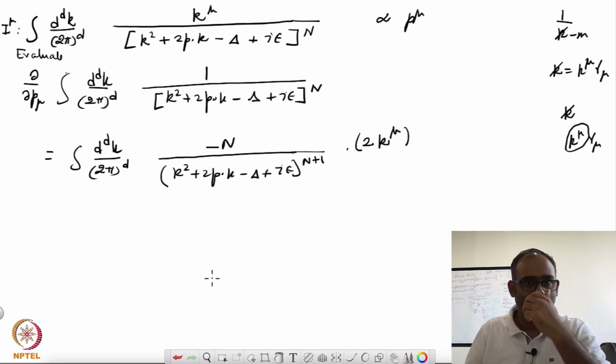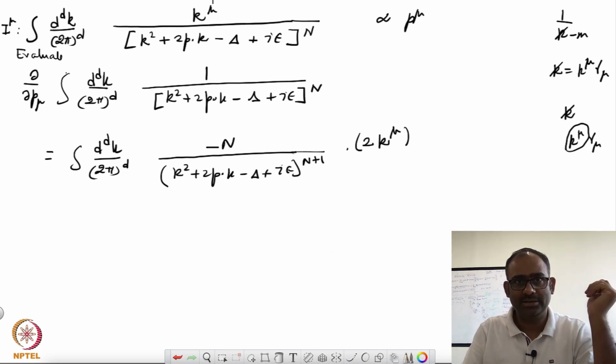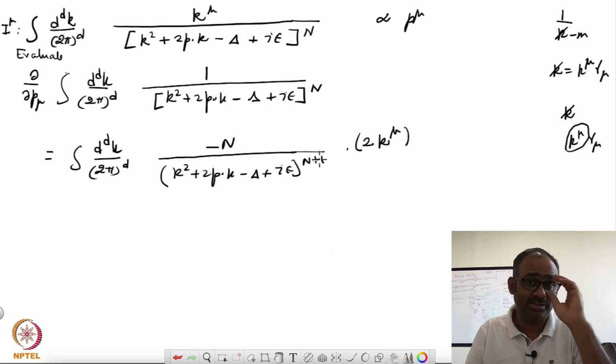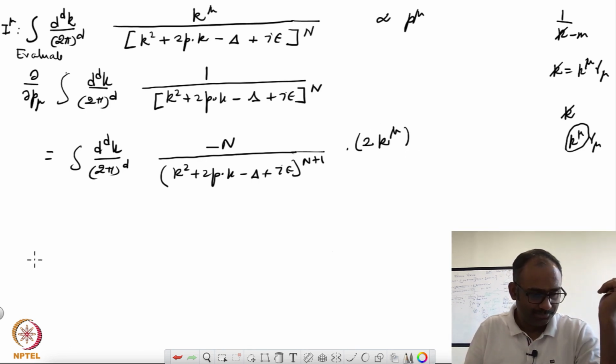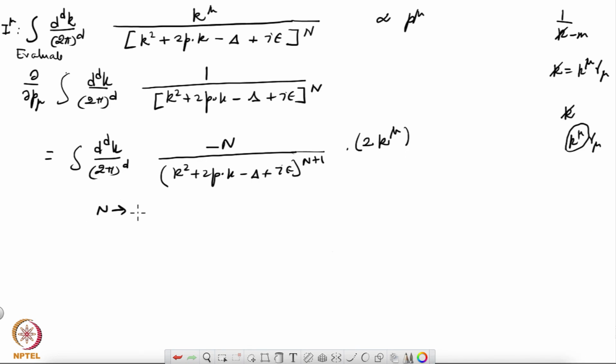Now, because I want to evaluate this integral with n, and what I have gotten is almost the same integral other than some constants, but with the power n plus 1, I will just change n to n minus 1 in this expression. So, let n go to n minus 1.